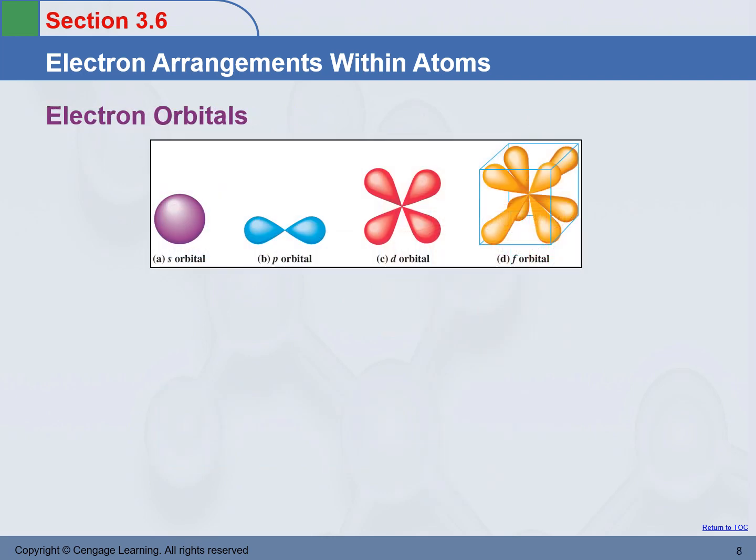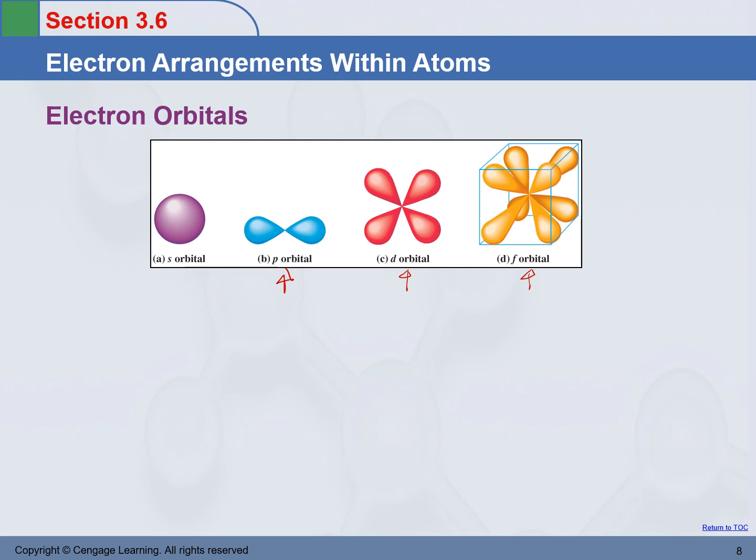Now, if we take a closer look at the orbitals, we will see all orbitals have different shapes. An s orbital looks like a ball, a p orbital looks like a dumbbell, a d orbital has 4 lobes, and an f orbital has 8 lobes.